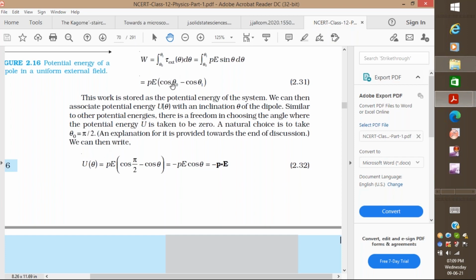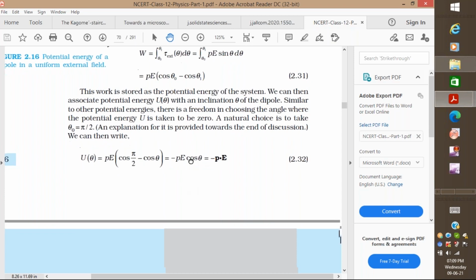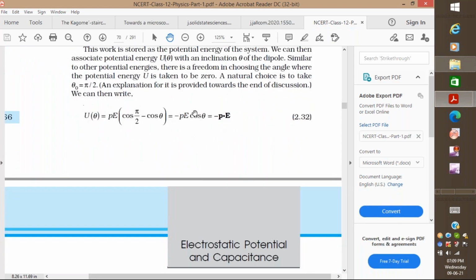If this is 90 degree, this will be 0, so eventually you'll get minus p E cos theta, or I can write in terms of vectors, the dot product, which is anyway a scalar quantity, so I can write minus p vector dot E vector. P is the dipole moment. Okay, so this is how it is.